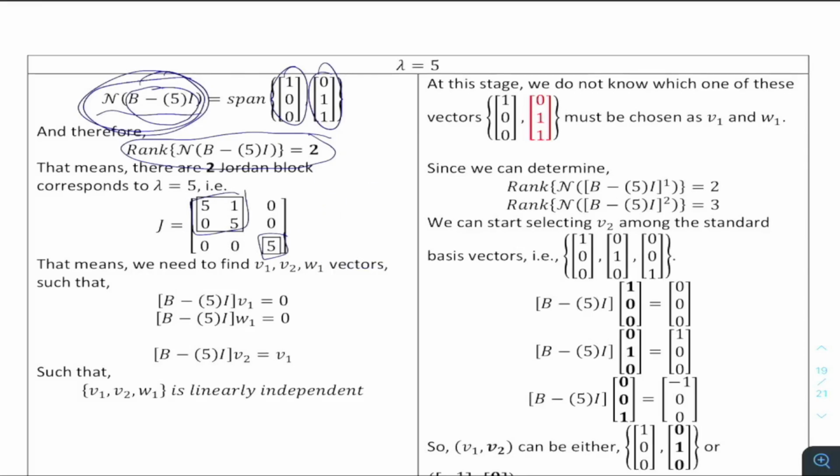Okay, and let's focus on this at this moment. So this is not like this, however, this is something like v1, v2, and omega 1. Yeah, omega 1. This is like that, right?